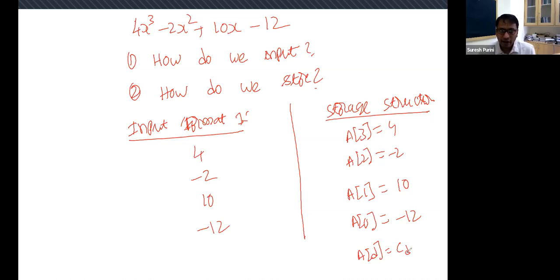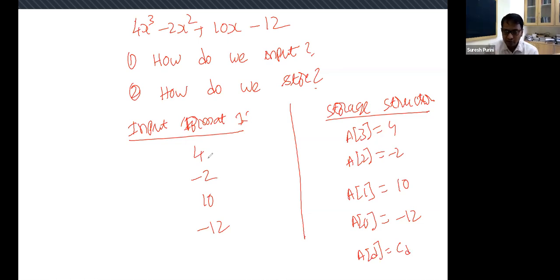So don't try to give input as 4x cube minus 2x square plus 10x minus 12. It doesn't make sense. You have to find an appropriate input format. Can you suggest an alternate input format? First of all, does this make sense?